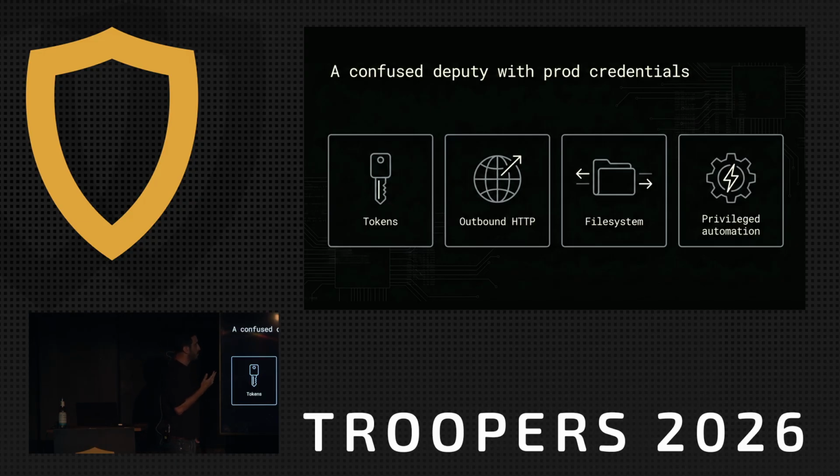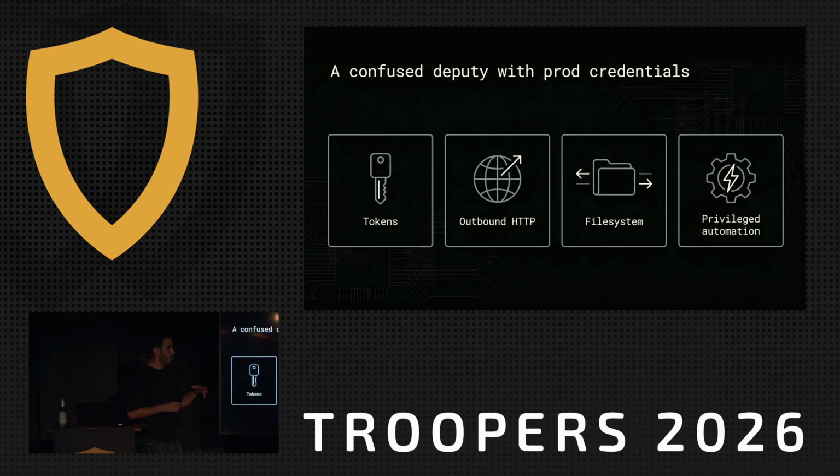The thing about the target that MCP becomes is that it's a lucrative target because it often has access to tokens in order to authenticate and use these tools. We provide it with outbound access, again, in order to interact with the different platforms. It can have file system access to take actions on our behalf.